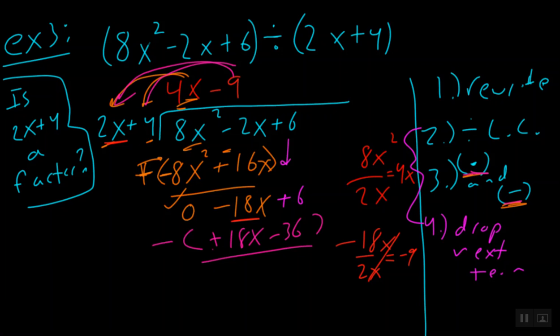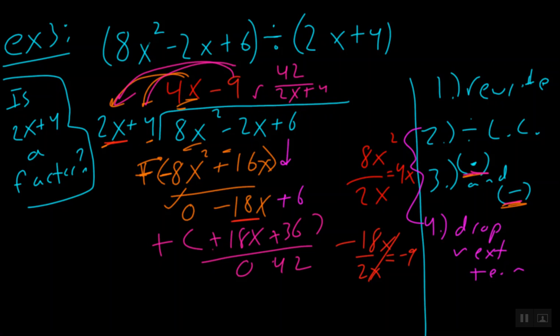So a negative times a negative is a positive. A negative times a negative is a positive. And once I've distributed it through, I'll make that a positive. So negative 18x plus 18x is 0. And 6 plus 36 is 42. And notice we have a remainder of 42 over 2x plus 4.